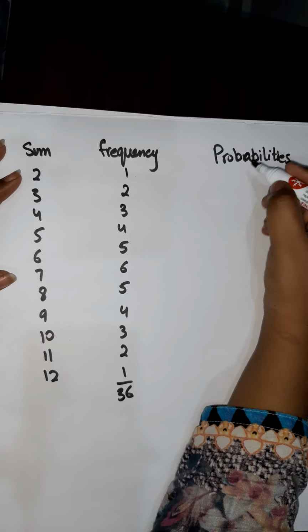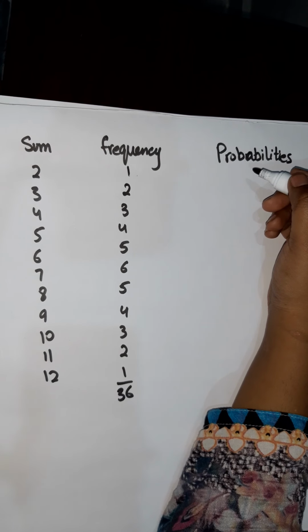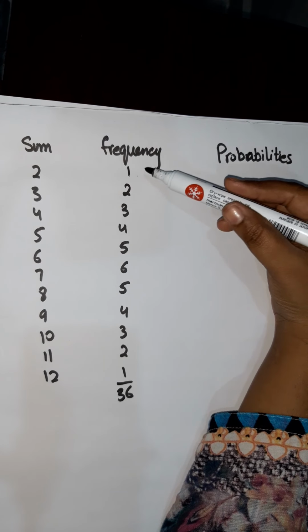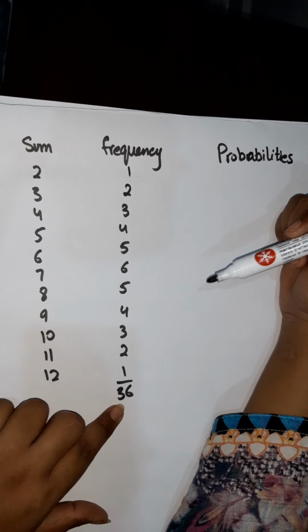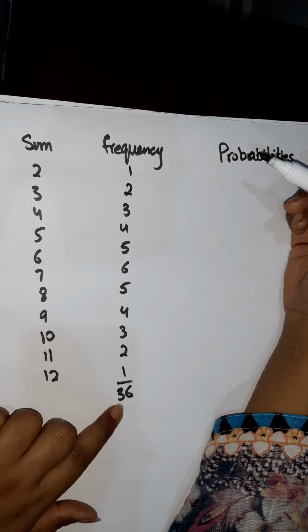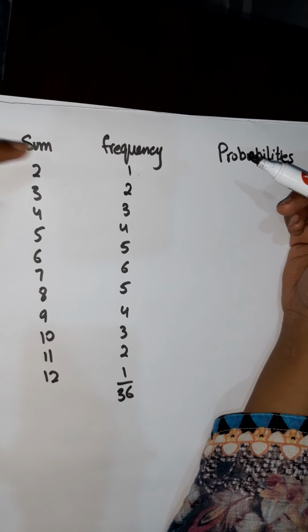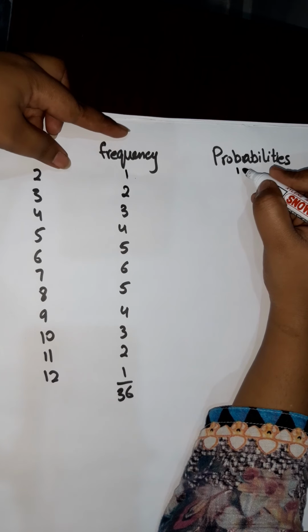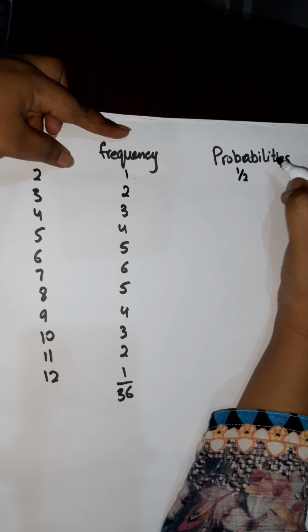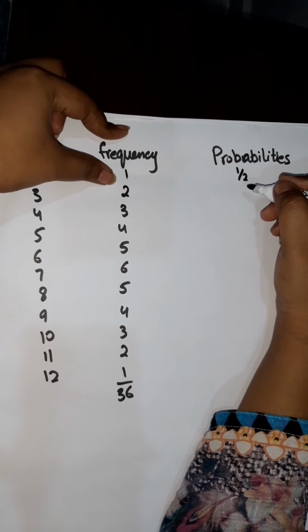What is the definition of probability? The number of favorable outcomes divided by the number of total outcomes. So here total outcomes are 36 and the number of occurrences of 2 is 1.